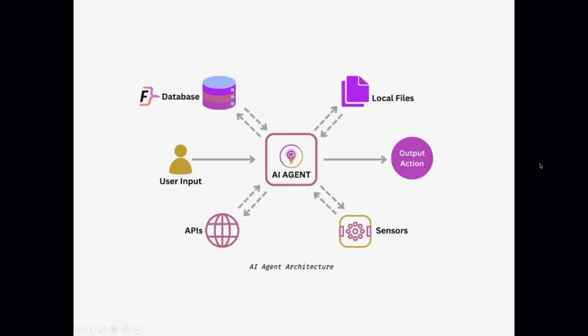So AI agents can understand tasks, plan steps to solve them, use tools or APIs like calculators, search the web or databases. Then they take actions and adjust based on results.